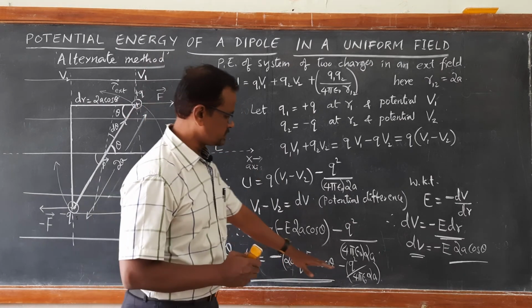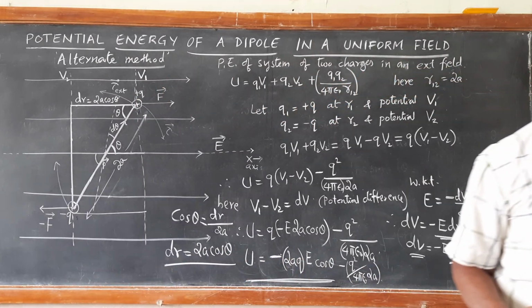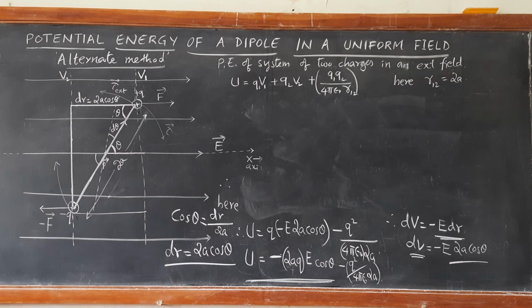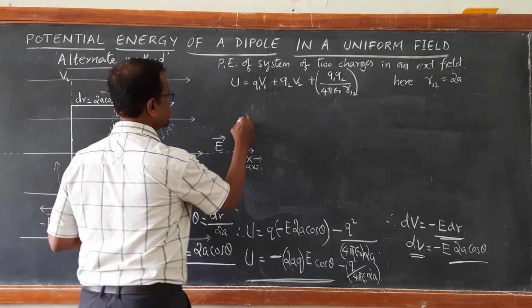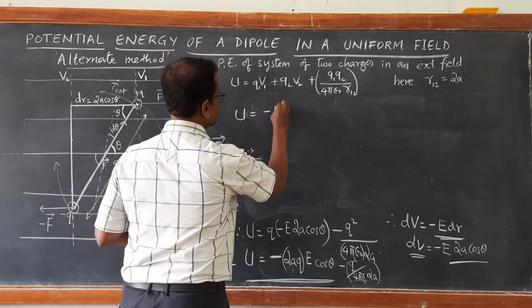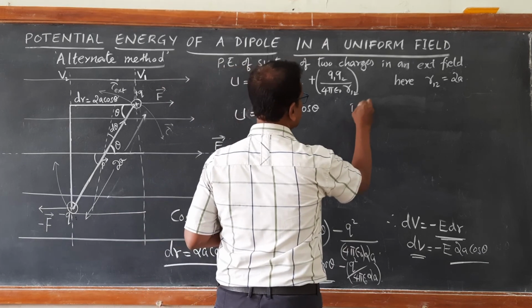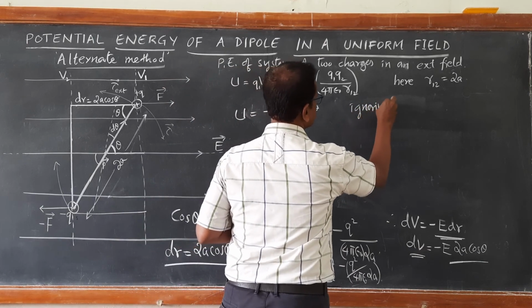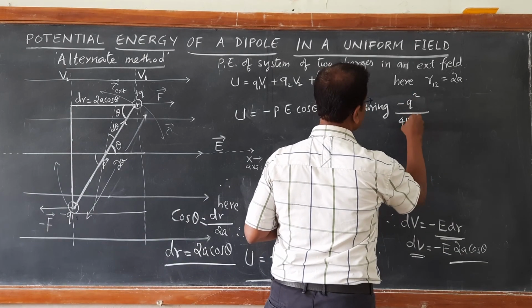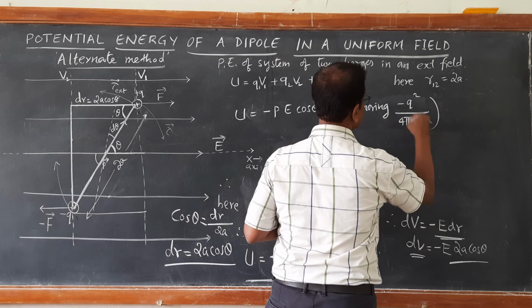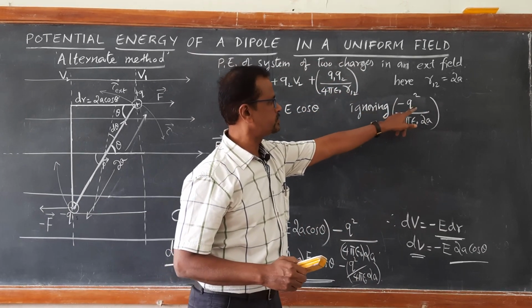So finally, we can write the potential energy as U equal to minus P E cos theta, ignoring the term minus q square upon 4 pi epsilon naught into 2a, which is very small and is due to the interaction between the two charges plus q and minus q.